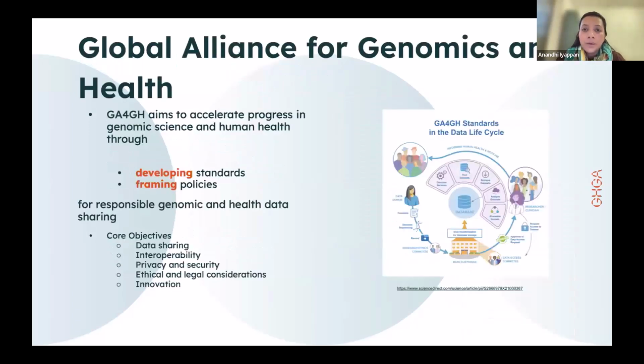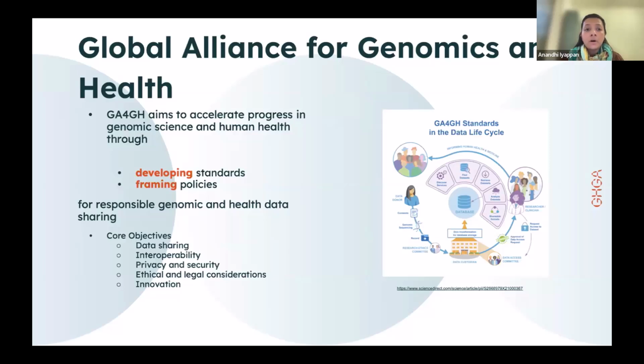The last community I want to address is the Global Alliance for Genomics and Health, which is a relatively newer consortium that was put together to accelerate the progress of genomic research and human health by developing standards and also by coming up with specific policies in genomic research. They have various community groups which are actively taking part in discussions on how to improve the metadata of genomic medicine, how to improve the infrastructure, how community outreach can be enhanced.